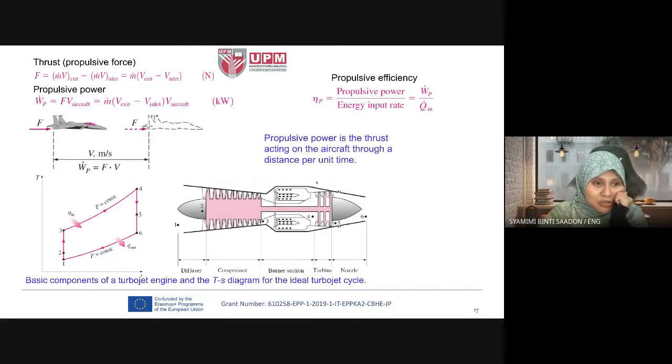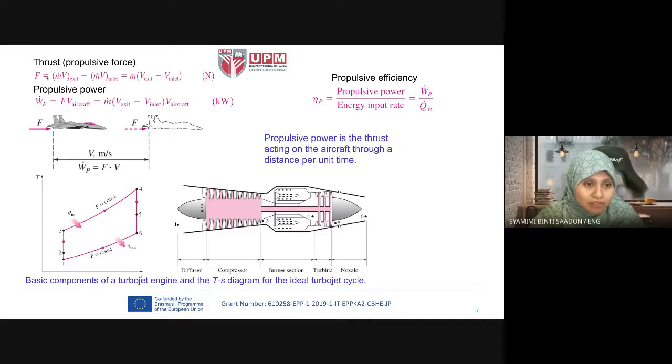So we have the thrust, the propulsive force and power. We need to evaluate the performance of the aircraft. One of the important parameters is the thrust, F, or sometimes it is written as T. So how to calculate thrust? It is like Newton's second law, the sum of forces equals MA, or M dot V. So this is where it came from.